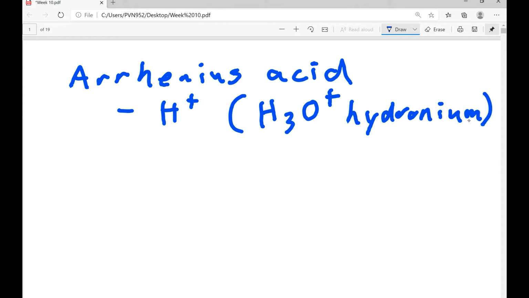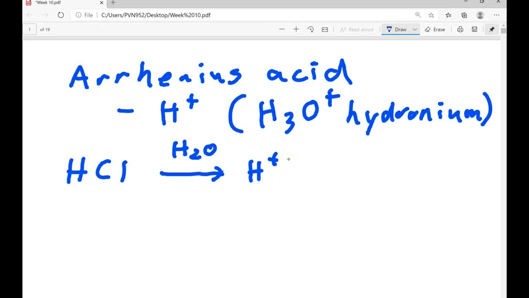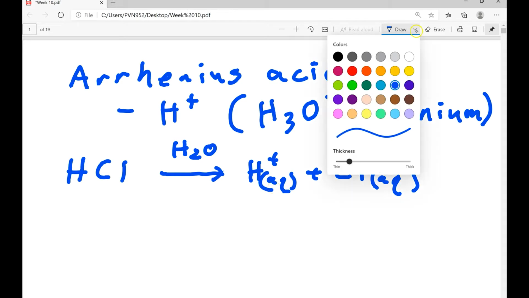So for instance, if we take HCl and we put that in water, what's going to happen is we're going to form H+ aqueous ions and Cl- aqueous ions. So that's one way to think about the dissociation of a strong acid like HCl.